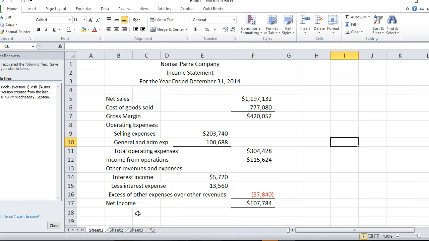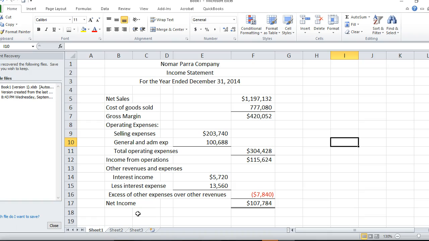What's different between what you see in the book and what we've just created? Does it provide you with more information? It allows us to see what our gross margin is, what our net sales minus our cost of goods sold are, doesn't it?